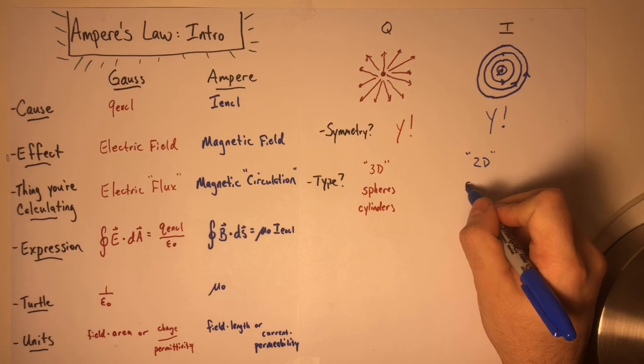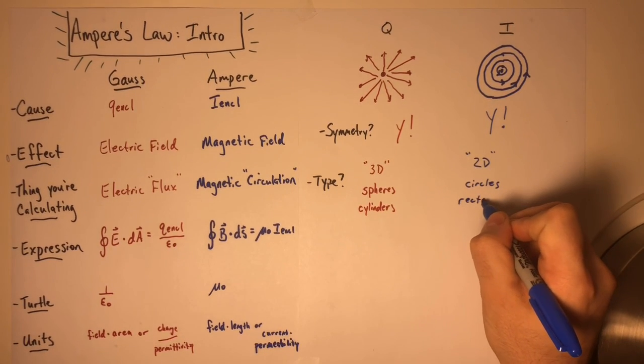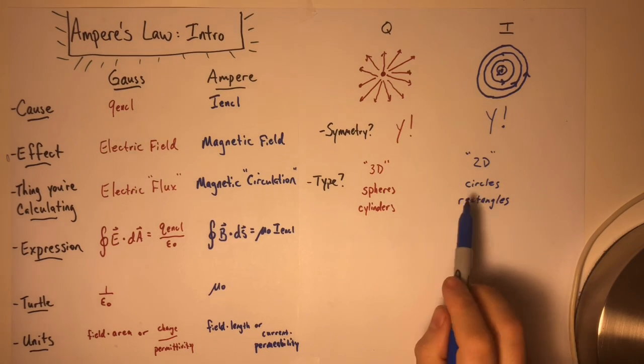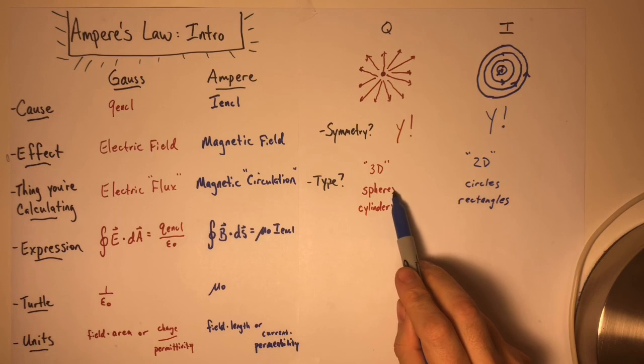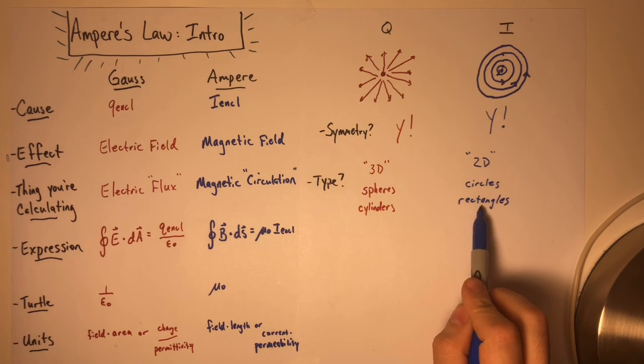So there'll be things like circles and rectangles. After all, a circle in 3 dimensions is a sphere, and a cylinder projected down into 2 dimensions, at least in one particular projection, would be a rectangle.